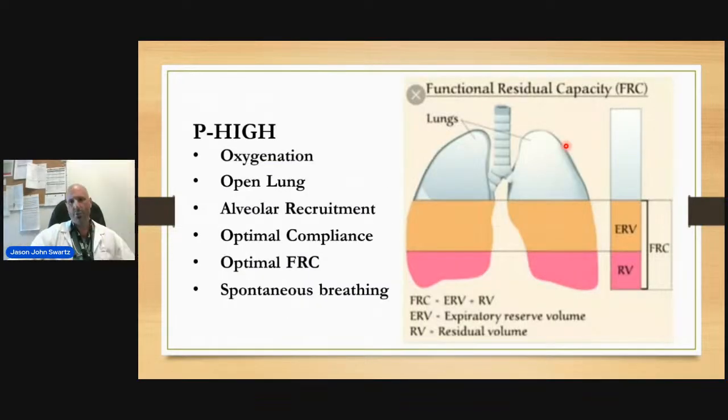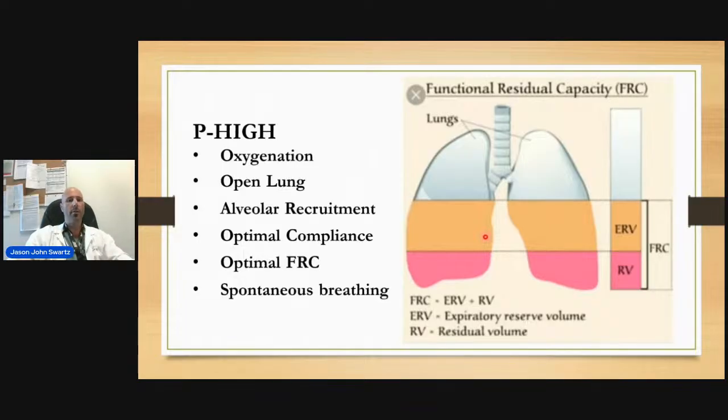So that's the way you should be looking at this. You're exerting the P high to the lung, and this is enough to adequately recover your functional residual capacity.